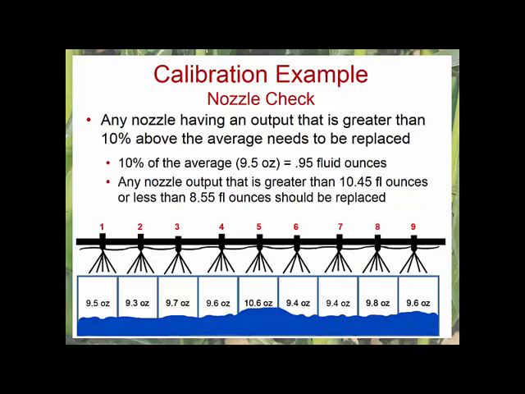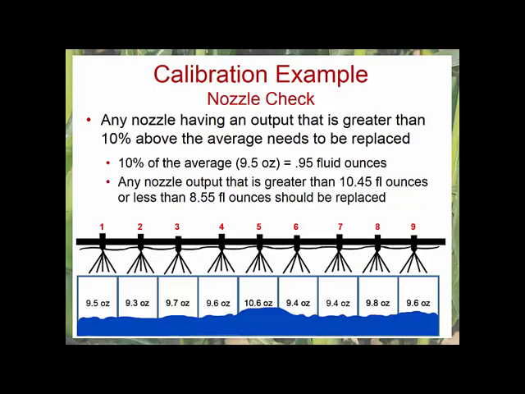So this slide shows you how to solve that problem. Remember that any nozzle having an output that is greater than 10% plus or minus the average needs to be replaced. So in this case, 10% of the average of all of these values is 0.95 fluid ounces.